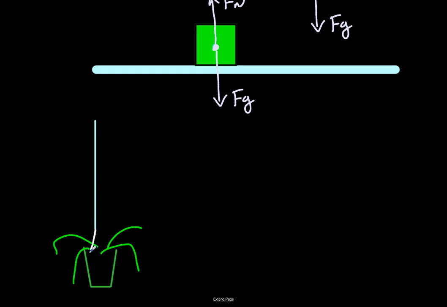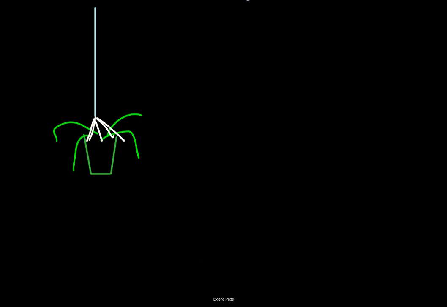I don't see too many hanging plants anymore, but let's say you did have a hanging plant. What you have going on here is you have the force of gravity aiming down. And then you have a tension, which is basically a pulling force in a cable or a rope, aiming upwards. Okay? So we call this the force of tension, and this the force of gravity.